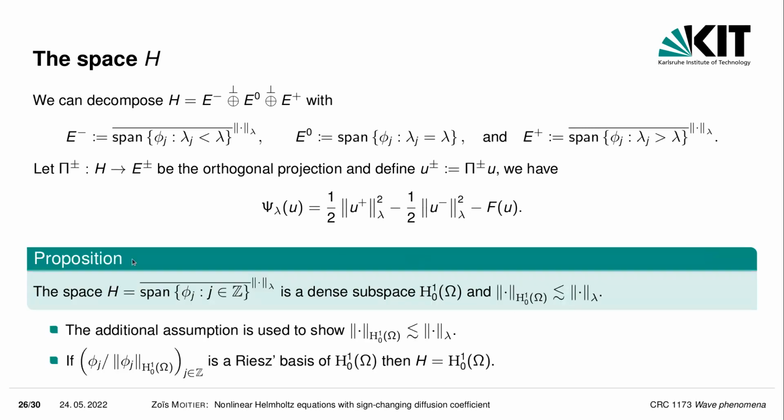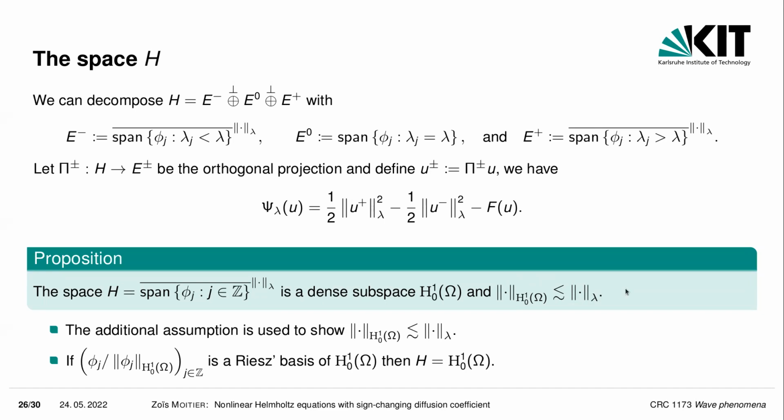And so where do we need this additional assumption? It's here, because we need that the space H is a dense subspace of H10. And so we have this estimation, and actually this estimation is basically exactly this additional assumption that we need to add.